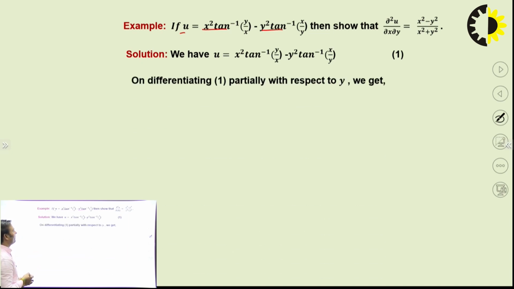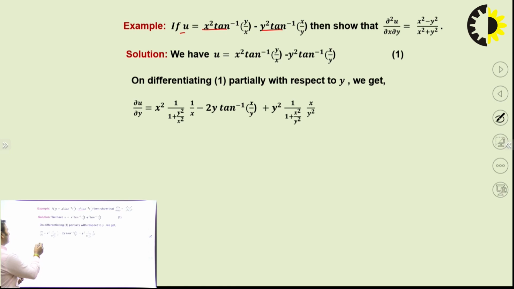So basically, first of all, I have mentioned that it is denoted by u. To calculate del u by del x or del u by del y, I need to differentiate the question with respect to y first. Okay, so I have taken the rate of change in my function with respect to y. So entire x becomes constant now, right?